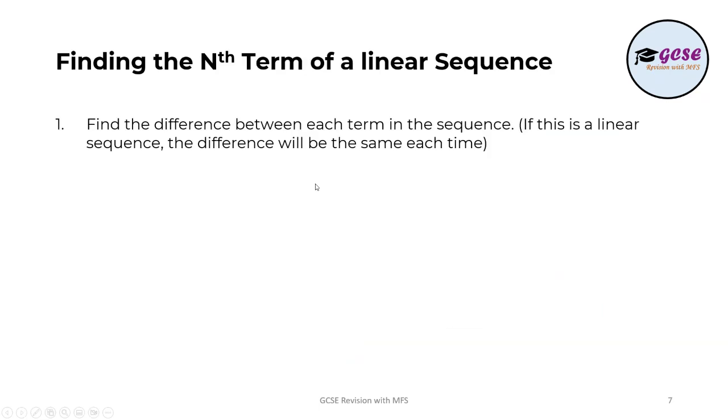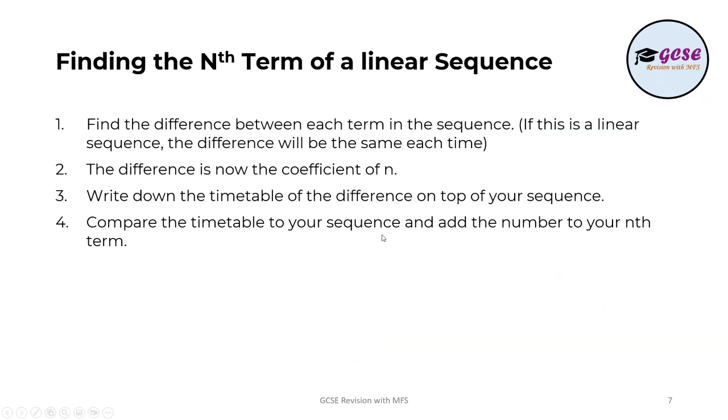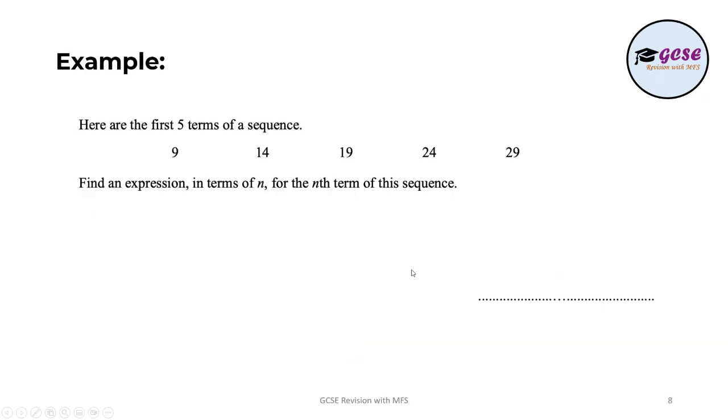Okay, now we're going to move on to finding the nth term of a linear sequence. Now these are just steps over here which you may choose to follow. I'm not going to read through the steps. I'm going to go straight into an example. I'll come back to the steps to explain them. So it says here are the first 5 terms of a sequence.